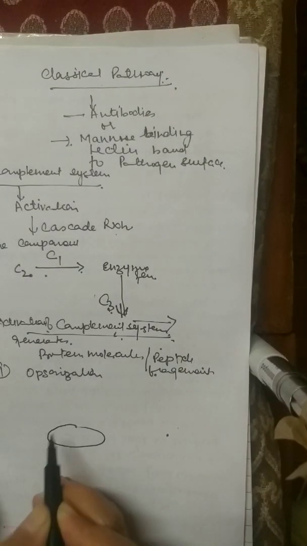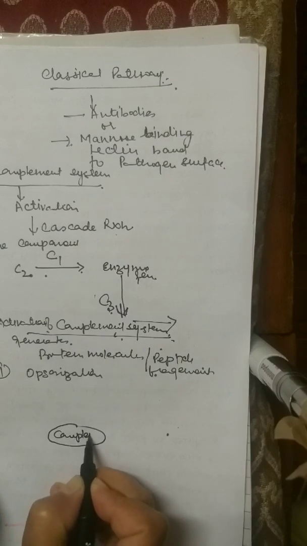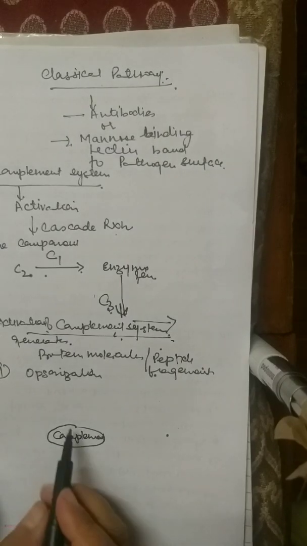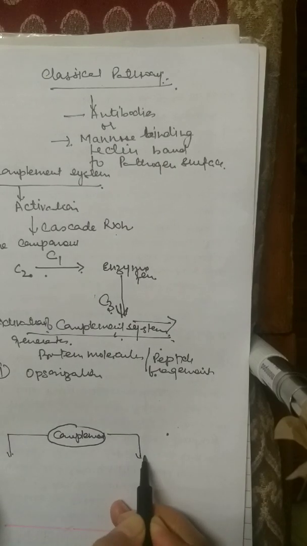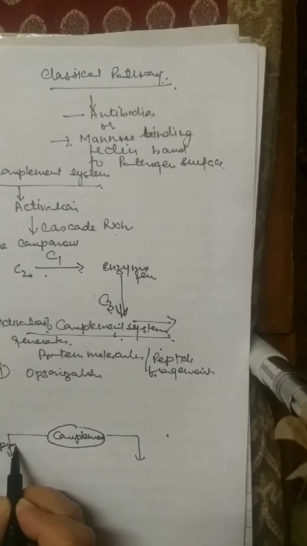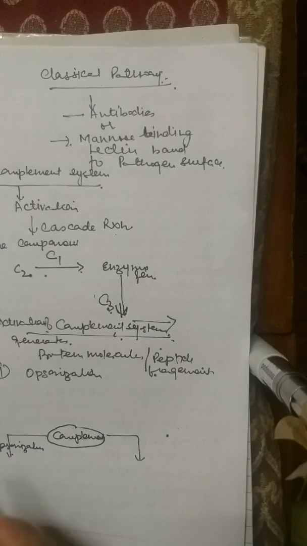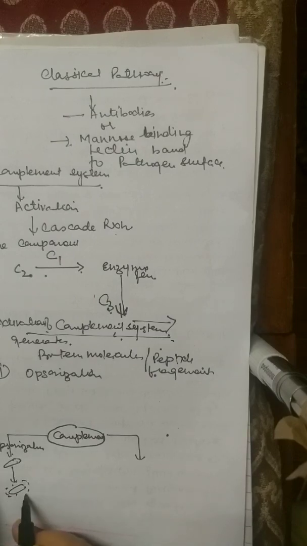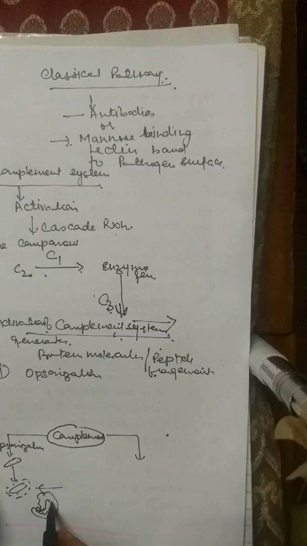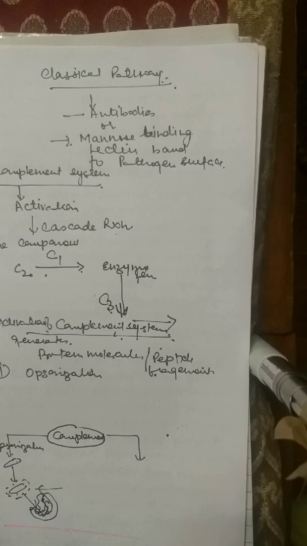You will see here, this is a complement, it has been activated and it would have different effects. When I said opsonization, how? Suppose this is the bacterium, it gets coated, and phagocytes get attracted and it is phagocytized.